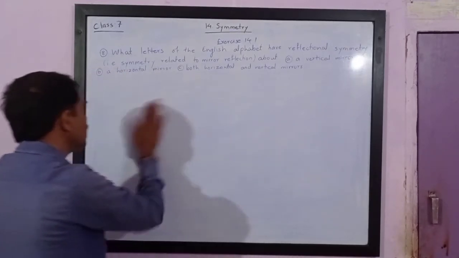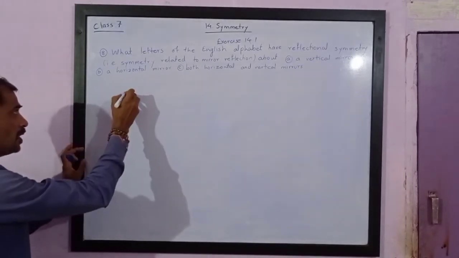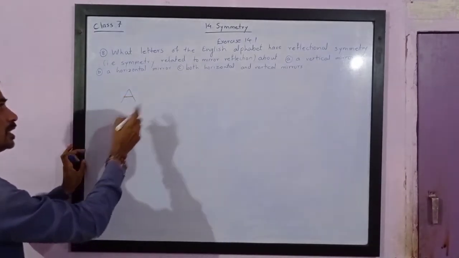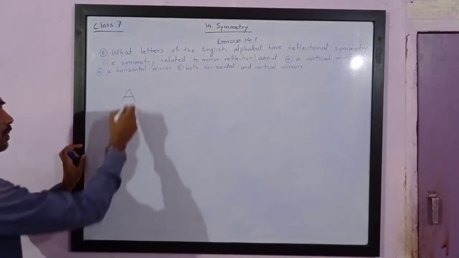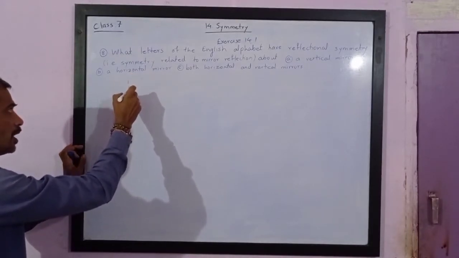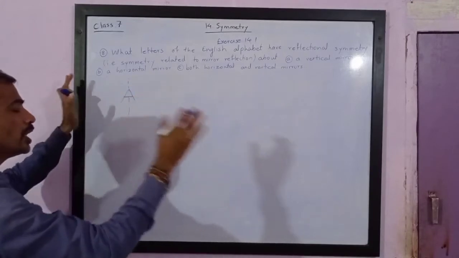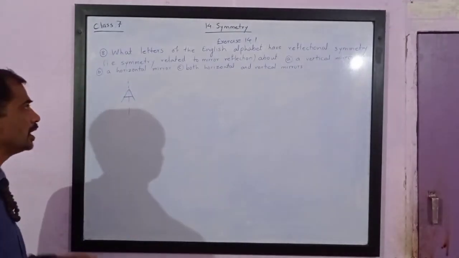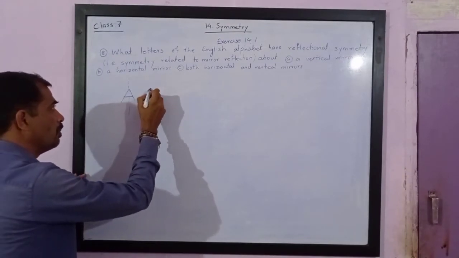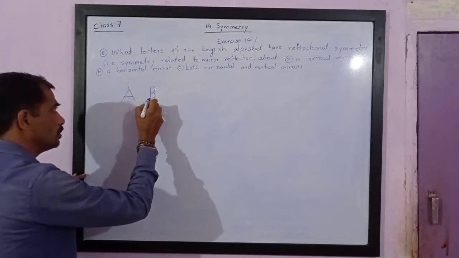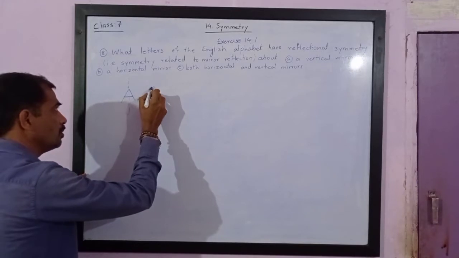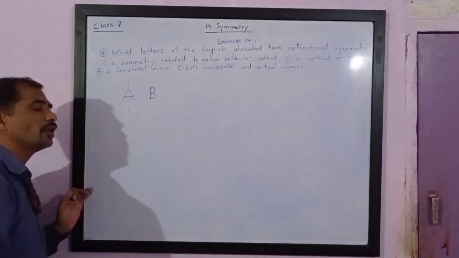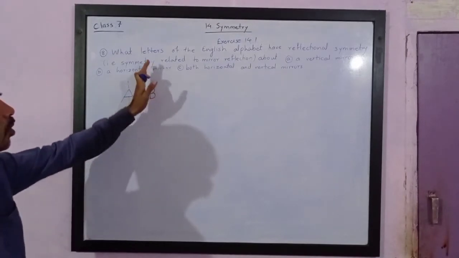First, let us write the alphabets. A. Now see, alphabet A. The first question is which has vertical symmetry. If you draw a vertical mirror, you will notice that it makes exactly two equal parts. So A has vertical symmetry. Now if you take alphabet B, please note we can't make two equal parts by keeping the mirror vertical.